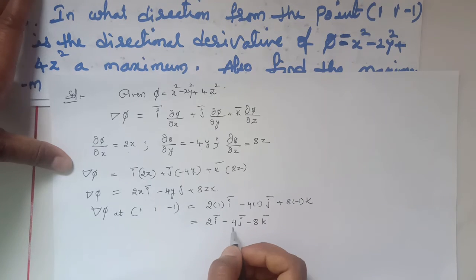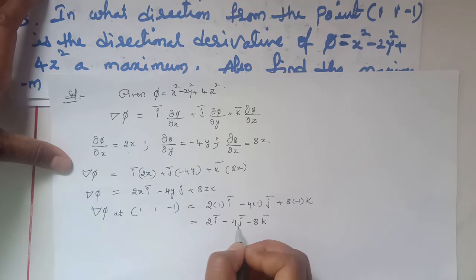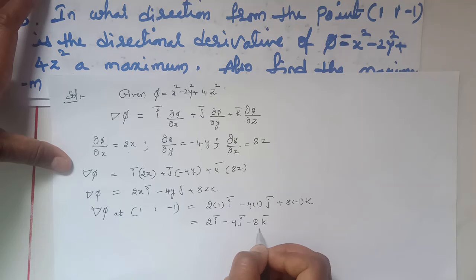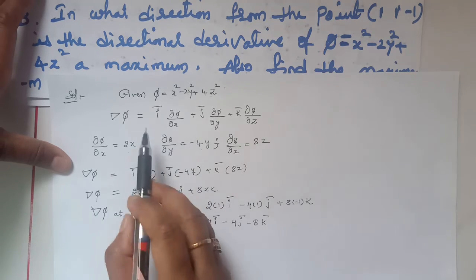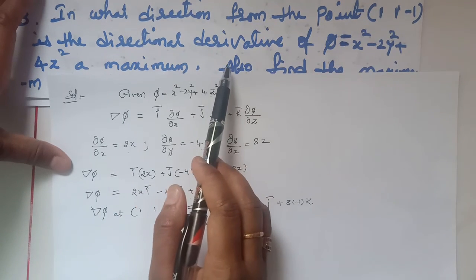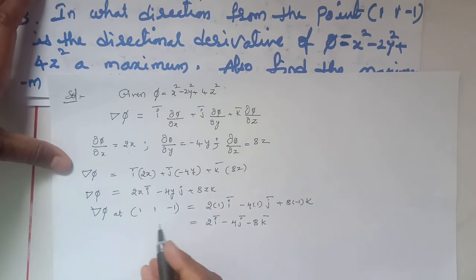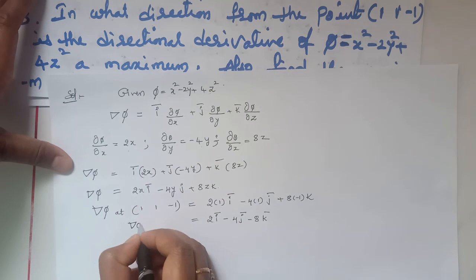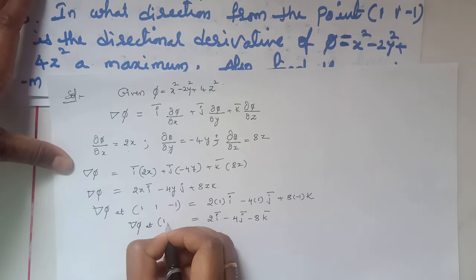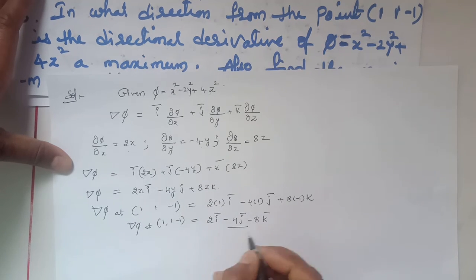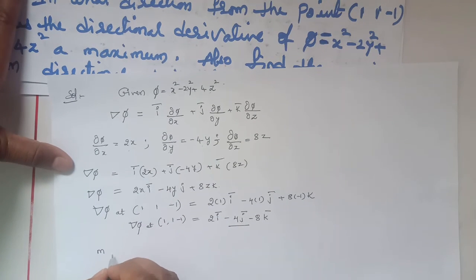So in the direction of 2i minus 4j minus 8k, the directional derivative will have a maximum value. So what is that maximum value? Del phi at 1, 1, minus 1 is this.